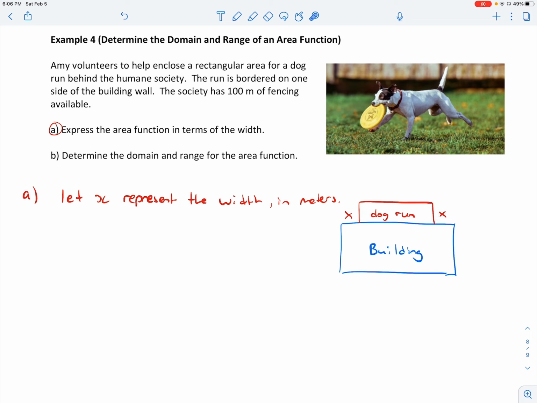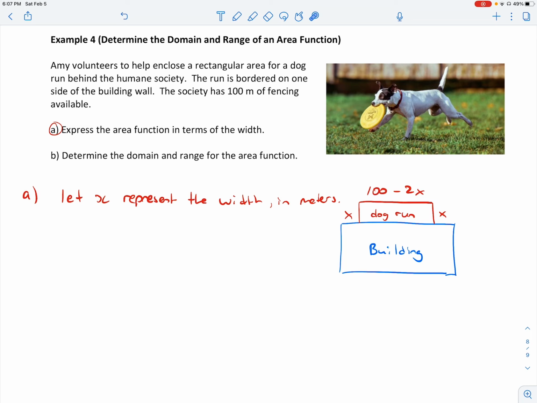Because we've already used up two x's and we only have 100 available, I know that for this length here, all we have left is 100 minus the two x's that are on both sides there. So x is my width, and 100 minus 2x is the length.